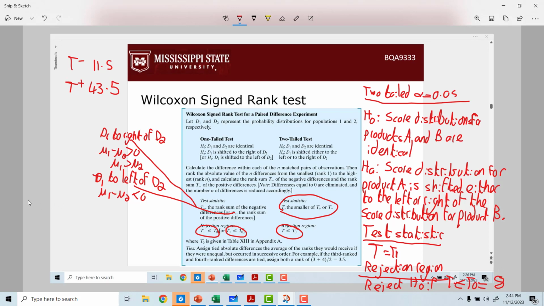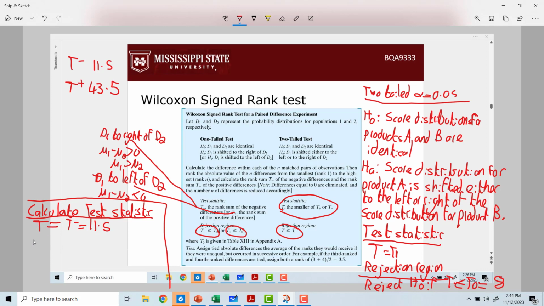So calculate the test statistic. We've got T equals T minus equals 11.5.